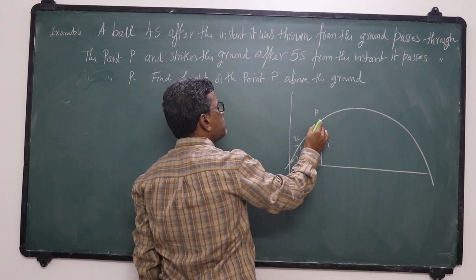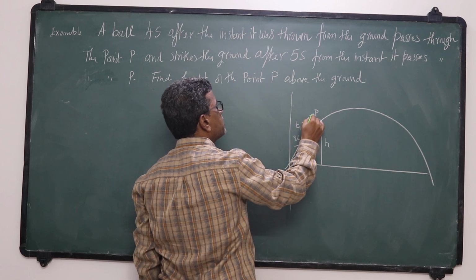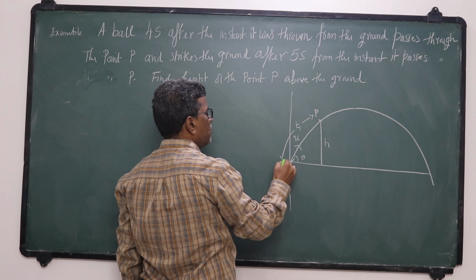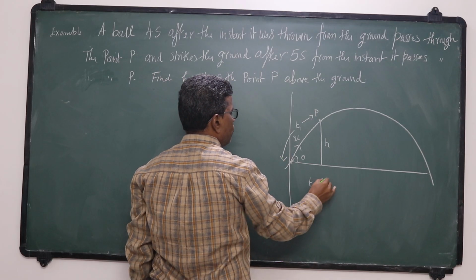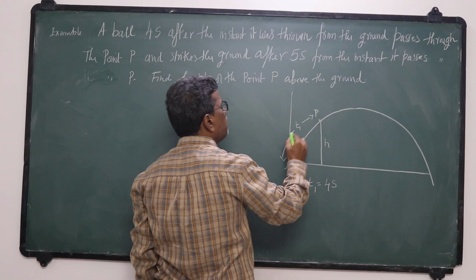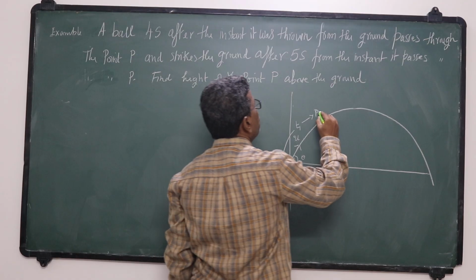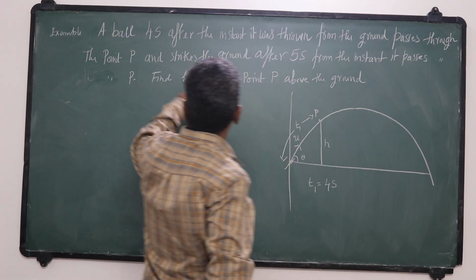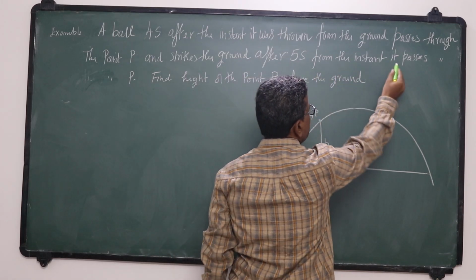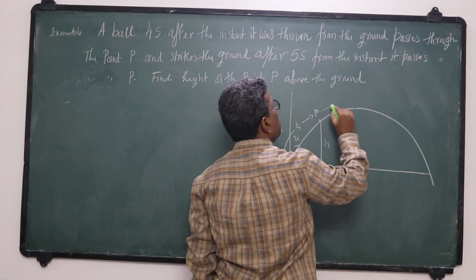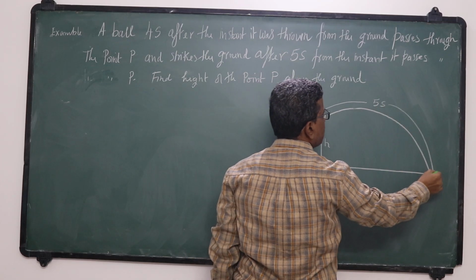So to travel this distance, it takes t1, which is 4 seconds from the projection. It passes through the point P and strikes the ground 5 seconds from the instant it passes. From here it will take 5 seconds to reach the ground.